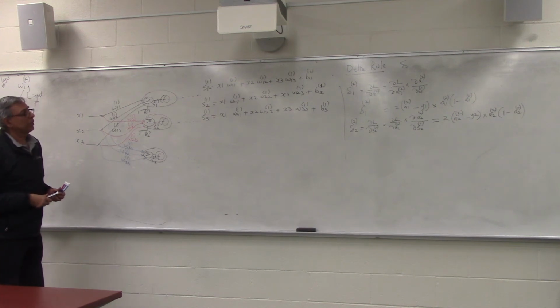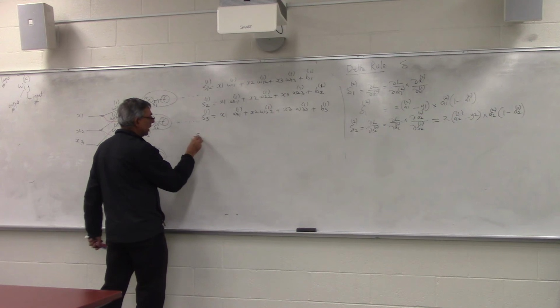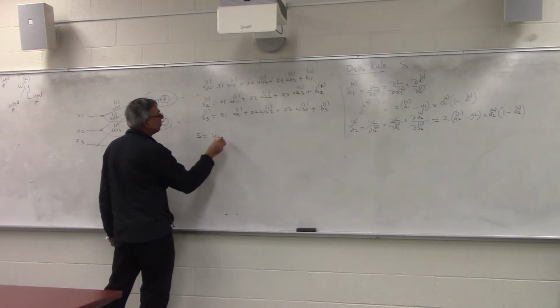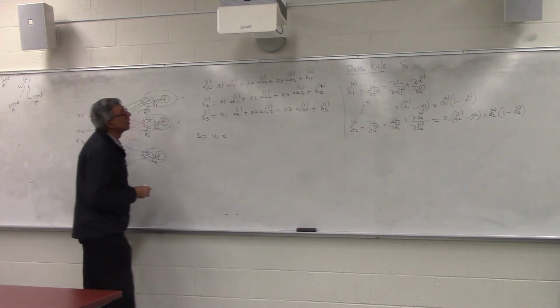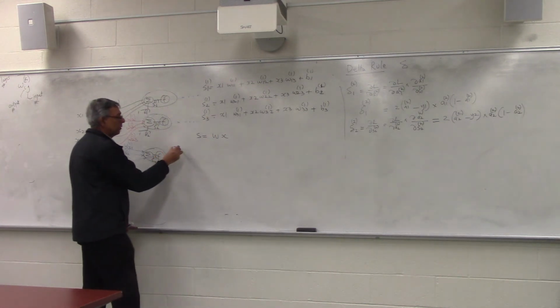Okay, so can we write it in matrix form over here? If you take a look, essentially S could be written as W times X. And what is W over here?